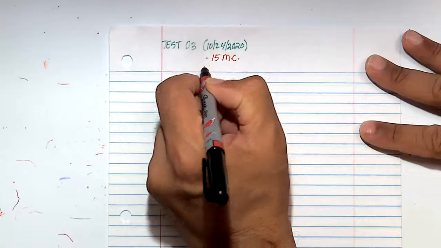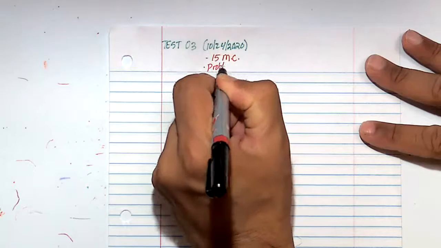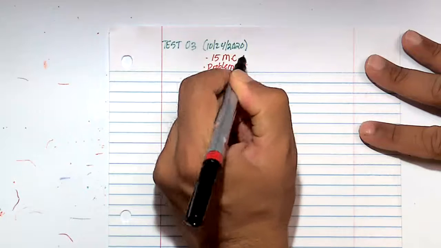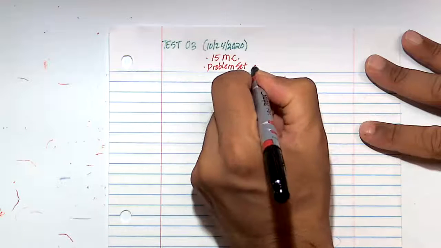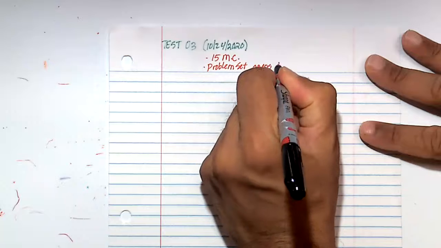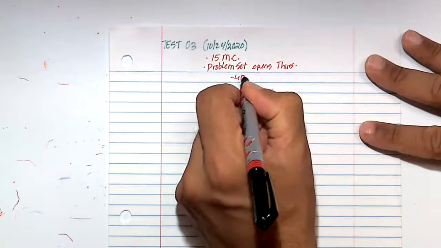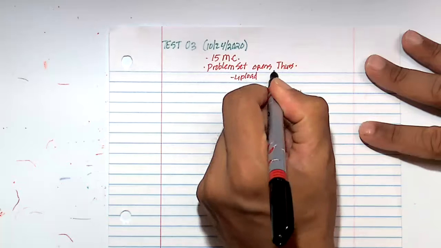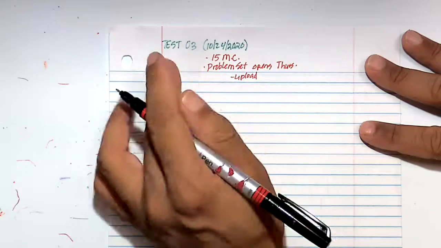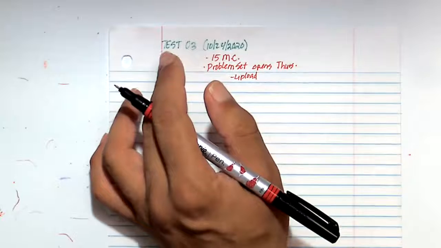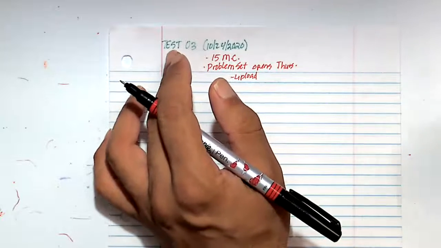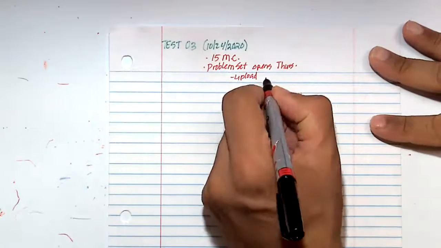And there's a problem set that will open up on Thursday, I believe. This is where you want to show your work. And this you want to upload to Canvas, obviously Saturday. The problem set, I assign it so that you can show your work, show the process.